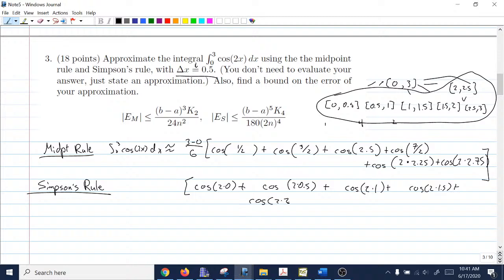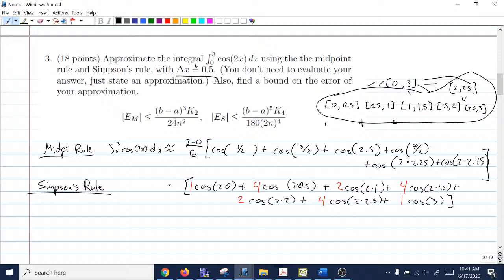Cosine of 2 times 2. Cosine of 2 times 2.5. Cosine of 3. And my coefficients should be 1, 4, 2, 4, 2, 4, 1.